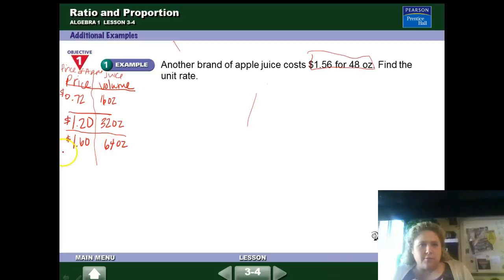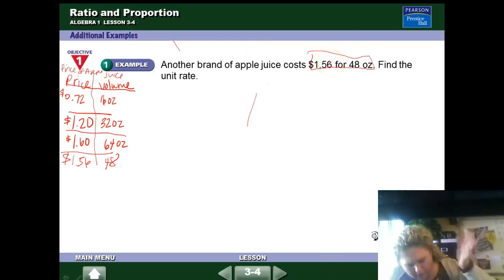So the price would be $1.56 for 48 ounces. So this is how you could use this in the real world of trying to figure out what the best price is. So to find the unit price here, and they said to find it for the cost per ounce.